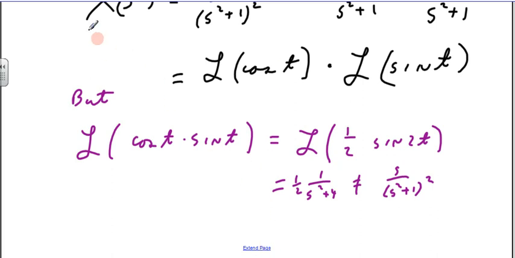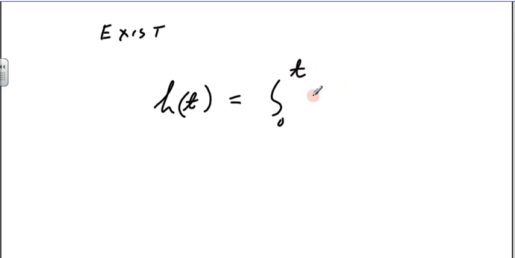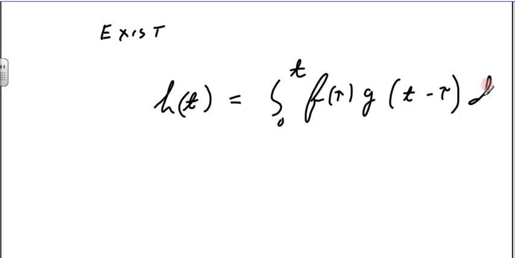Now, as it turns out, there exists a function, and that function is h of t, which is equal to the integral 0 to t of f of tau g of (t minus tau) d tau.